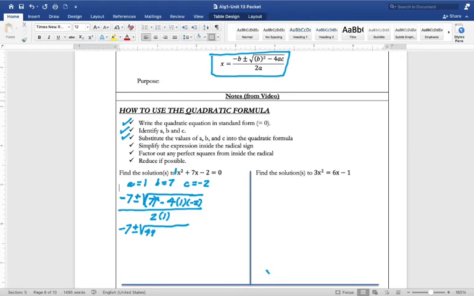Now, I have the following. Let me change to a different color here so you can see this. Okay, I have this negative and this negative. And all of those are multiplied together. So a negative times a negative is going to give me a positive in here. And 4 times 1 times 2 is 8.